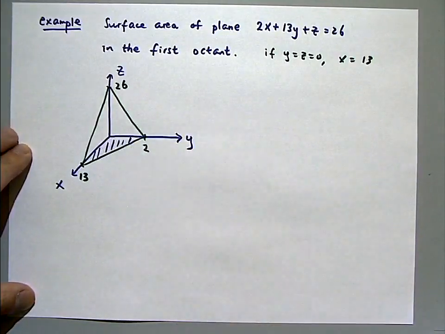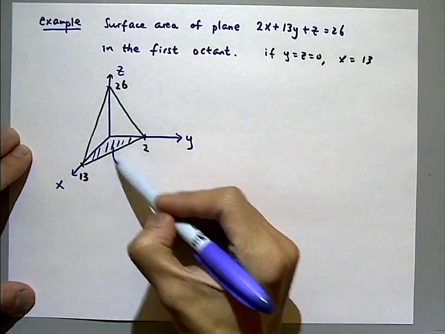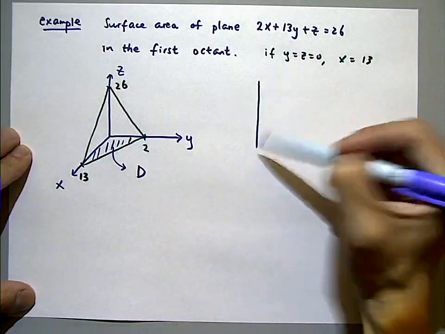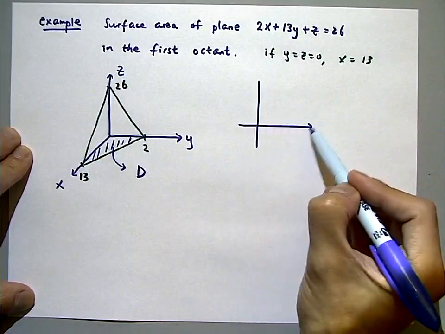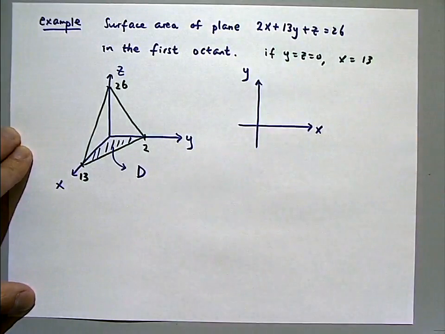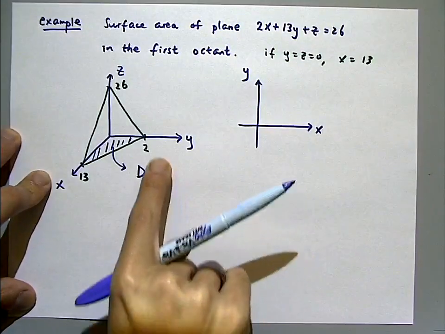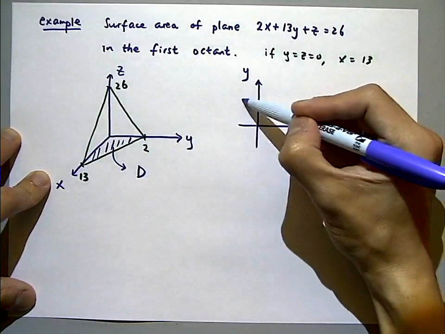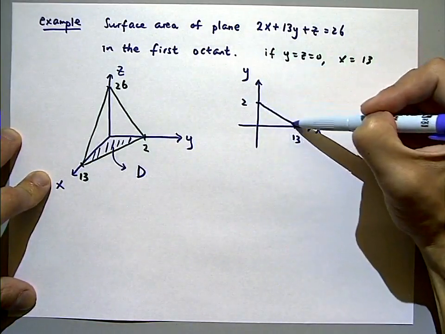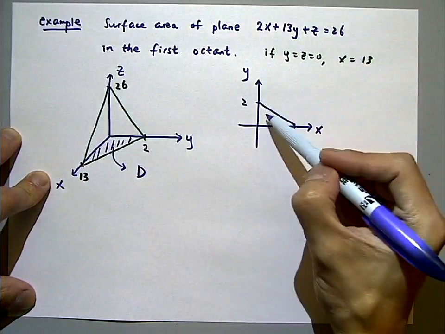And this thing projected down to the xy plane, this is D. So looking down from the top onto the xy plane, we see that this is 2, this is 13. We see this looking down. This is our D.